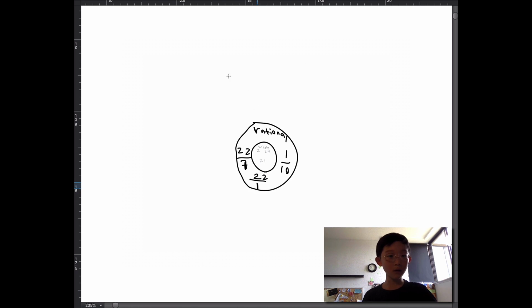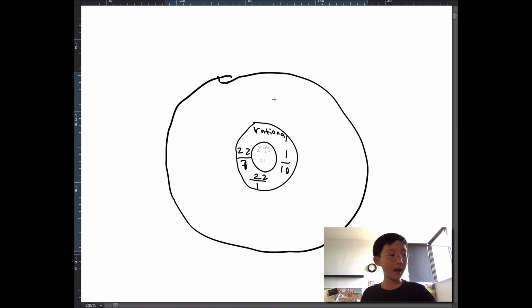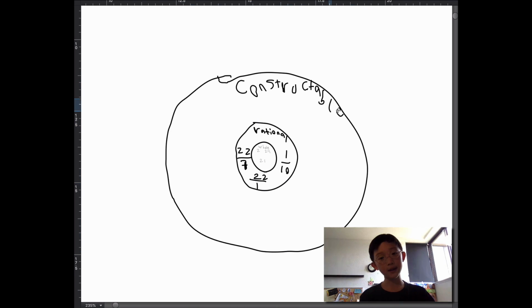And here are a big group of numbers. They're known as the constructible numbers. And that basically means any number that can be constructed, right?